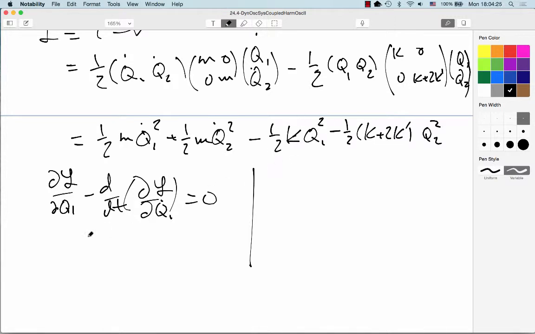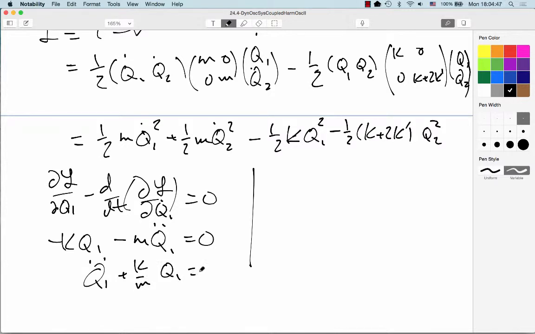Differentiating, that's just going to give me minus K Q1 and minus M Q1 double dot equals 0. So in standard form, Q1 double dot plus K over M Q1 equals 0. That is a simple harmonic oscillator, and that is omega 1 squared.